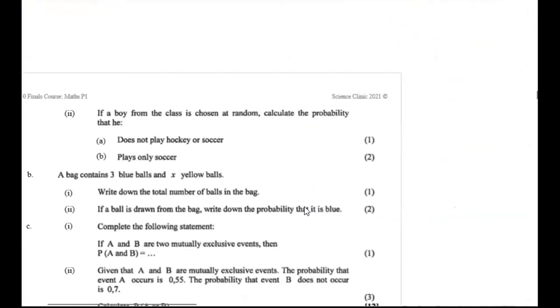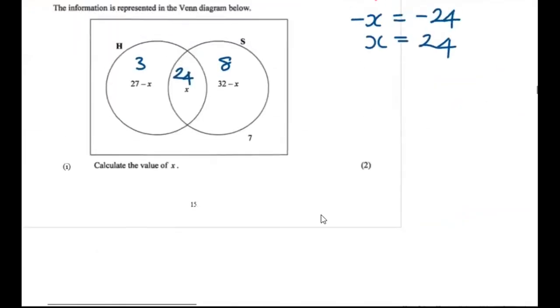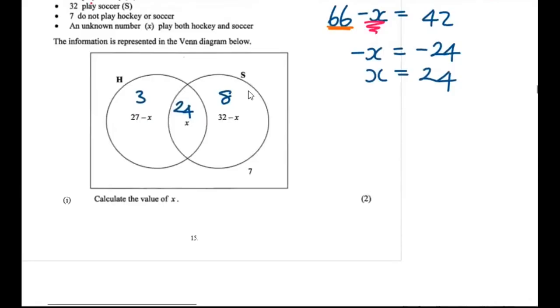So what is the first question on this? Okay, it says, if a boy from the class is chosen at random, calculate the probability that he does not play hockey or soccer. Okay, so I've gone back up here to the top. We want the probability of not hockey or soccer.